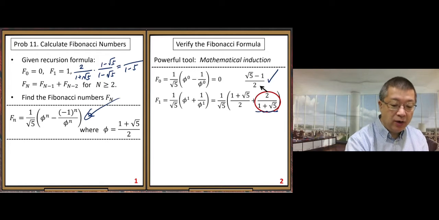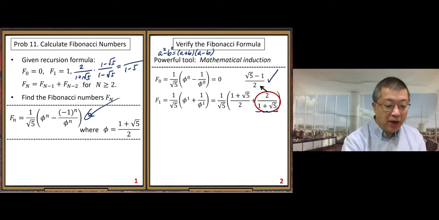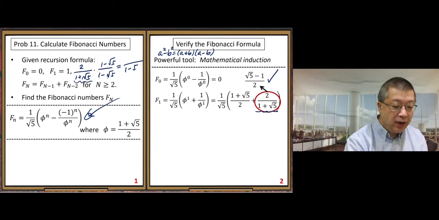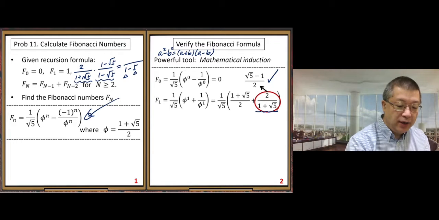Here we use the formula a squared minus b squared equals (a plus b) times (a minus b). A plus b, a minus b equals a squared minus b squared. Okay? So then, in the numerator 1 minus root 5, but this is negative 4.